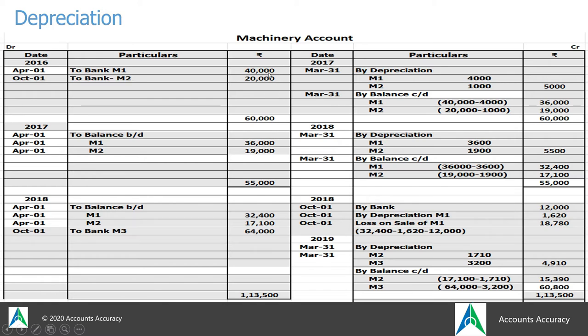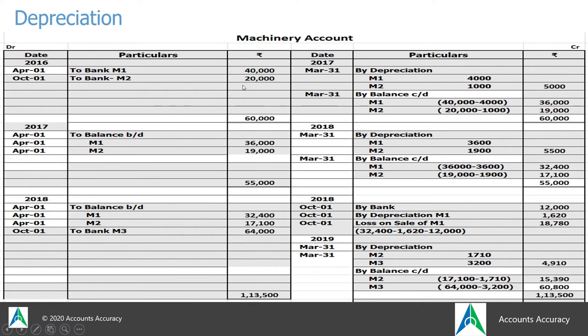Now for both these machines, on 31st March 2017, that means after completion of 1 full year from April 1st till 31st March, the depreciation on both the machines would be provided as per use. Machine 1 has been used for the full year, so 10% will be provided on 40,000, that would come to 4,000.